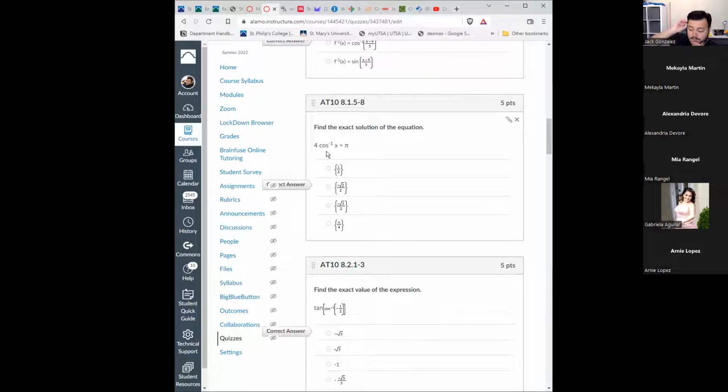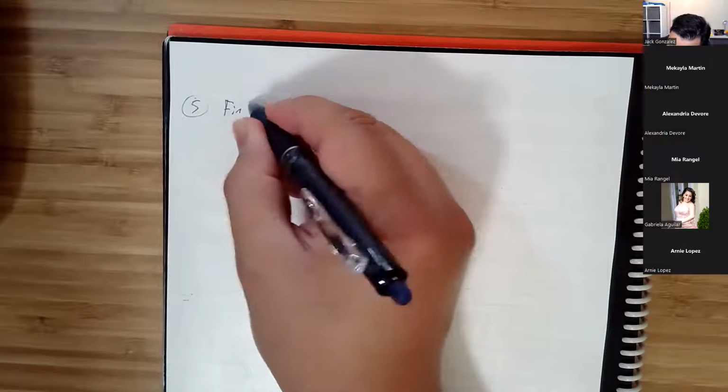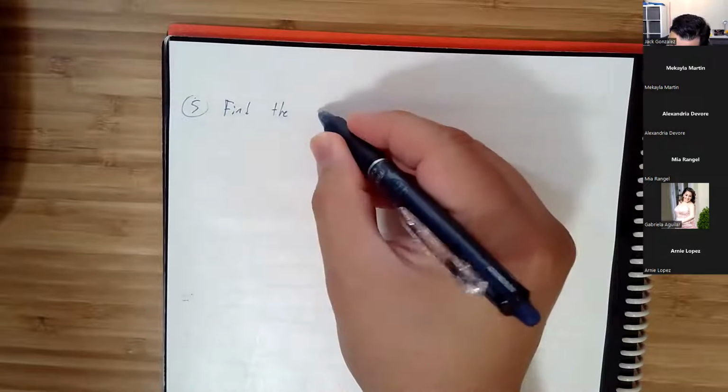This one's not too bad. Okay, let me write it down. Find the exact solution.